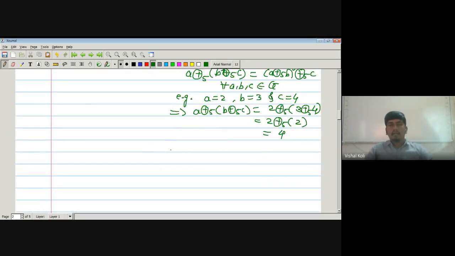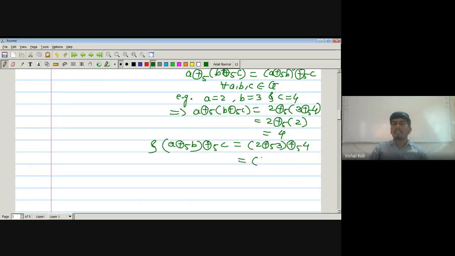And A addition modulo 5 B, addition modulo 5 C, is equal to 2 plus 3 is 5, plus 4.